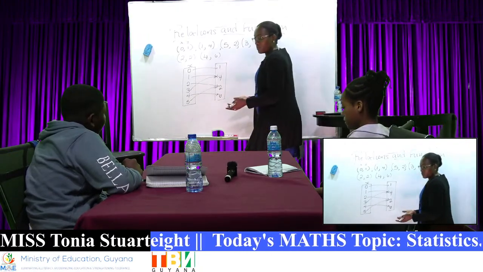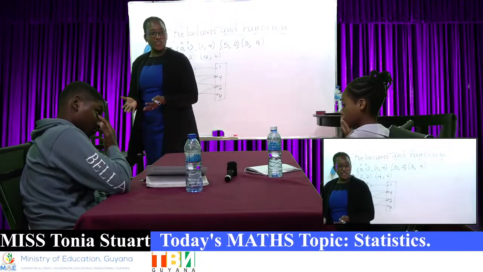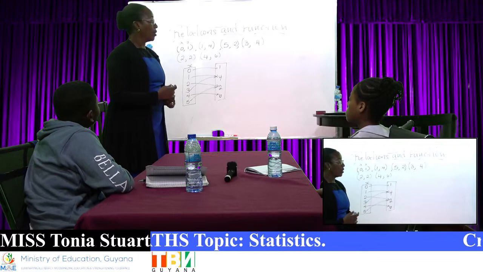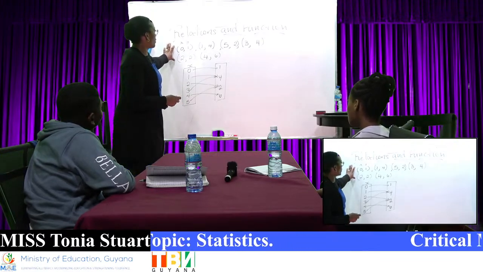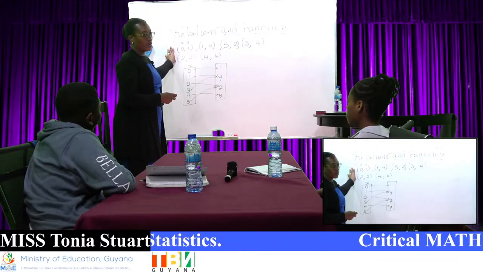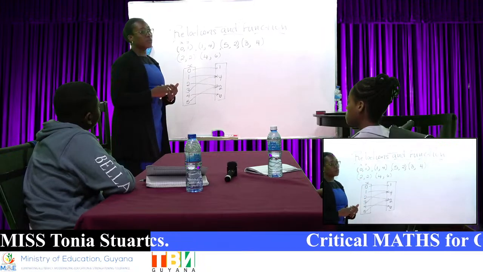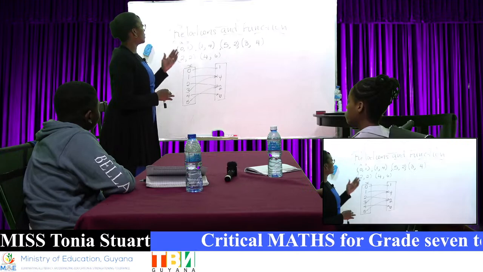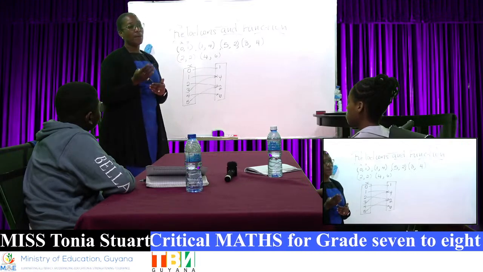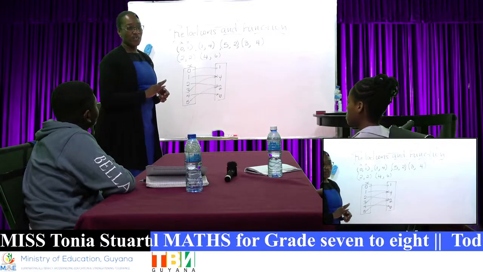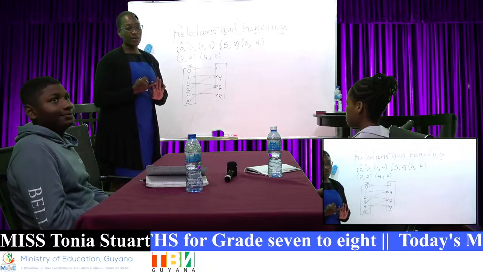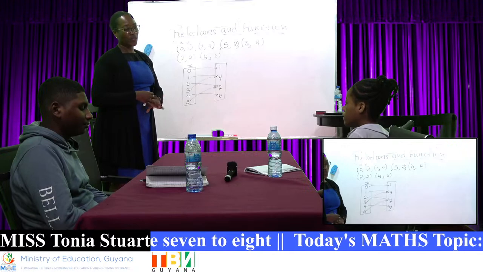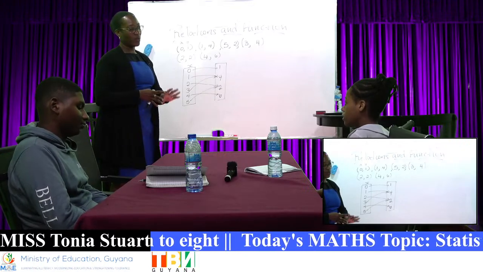So, as we said earlier, relation is basically a set of order pairs. These are the order pairs where they have X and Y values. The function is a specific type of relation where we were looking at mapping, and the different types of mapping: 1 to 1, 1 to many, many to 1, and many to many.